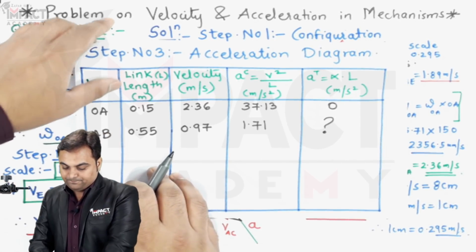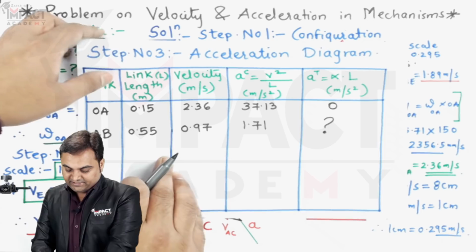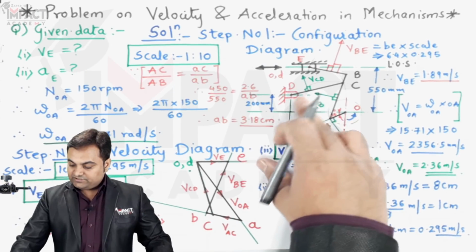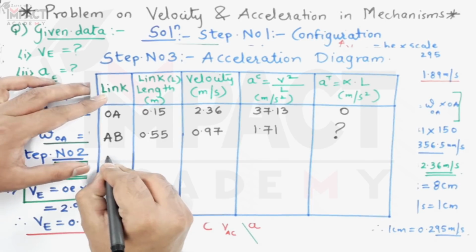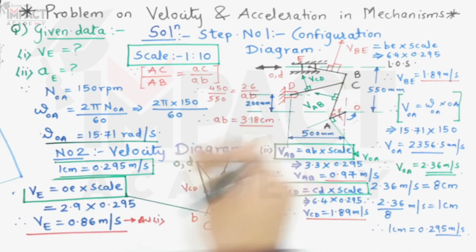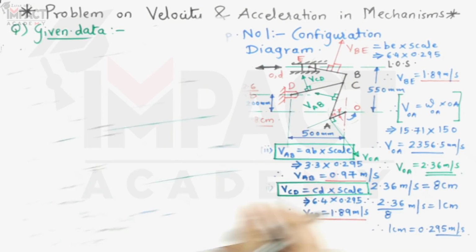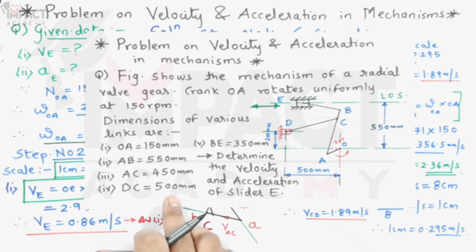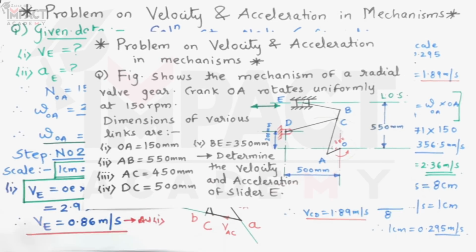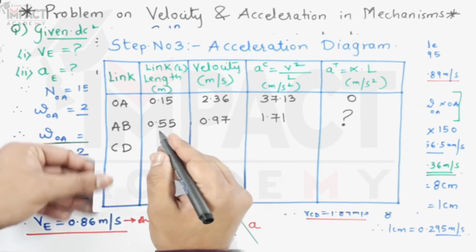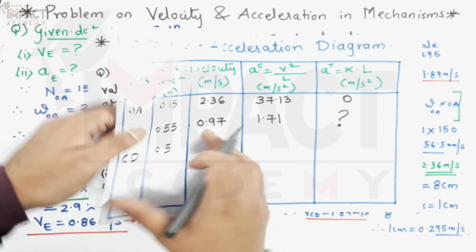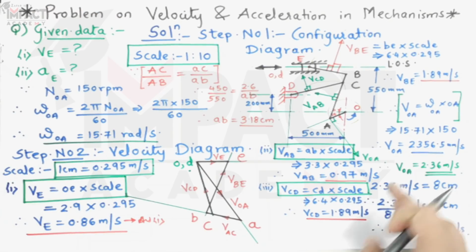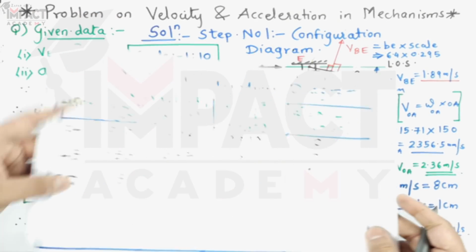After AB, we have link CD and BE which are left. So link CD, its length is given. CD was 500 mm, so that is 0.5 meters. Its velocity is 1.89 meter per second.